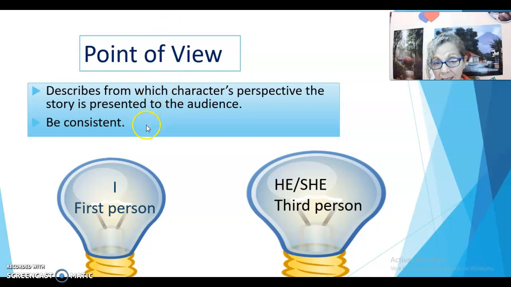So the narrative essay has to be narrated from the first person point of view or from the third person point of view. The first person is, say, you are included in the story. Maybe you are the main character of the story. And also you can tell the story from the third person point of view. He, she.